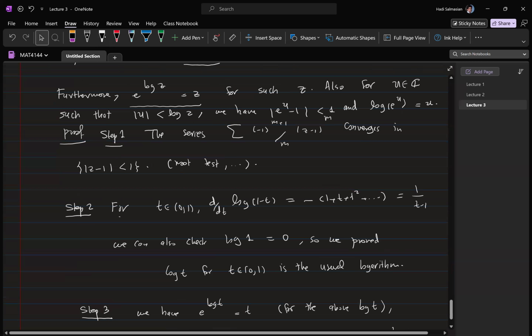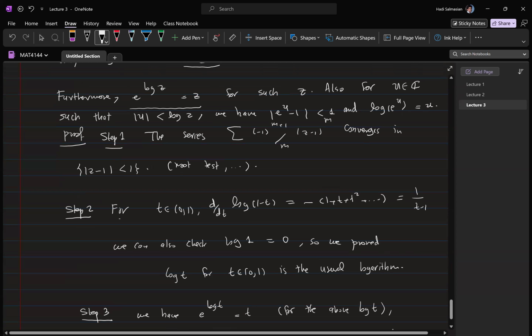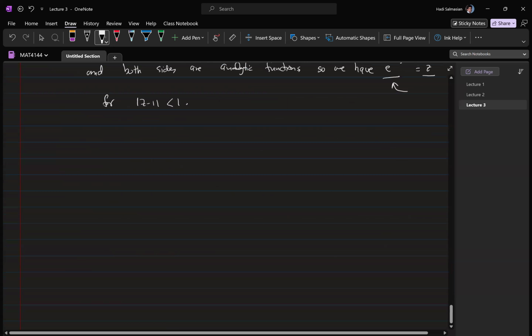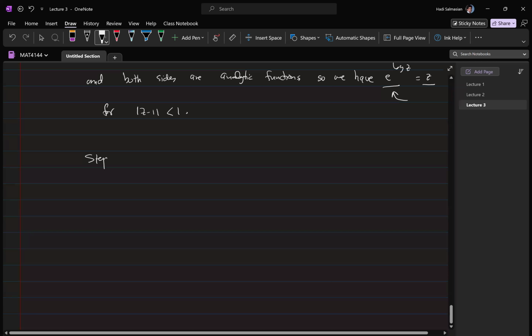So the proof of step 4 is the same. You basically just need to show this inequality, and then you could use the same trick as in step 3. So for step 4, we only show that e to the u minus 1 has absolute value less than 1, and the rest of the argument is the same as step 3.